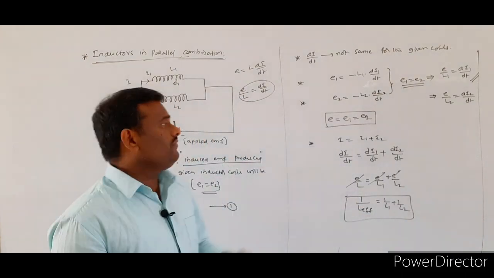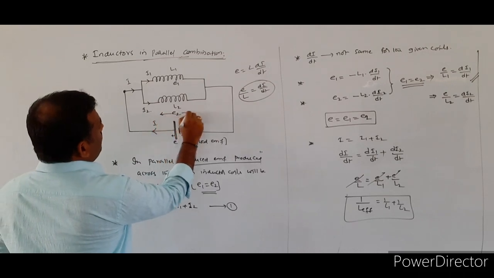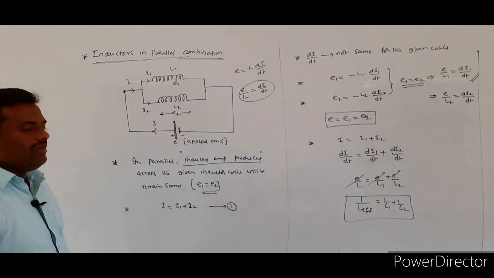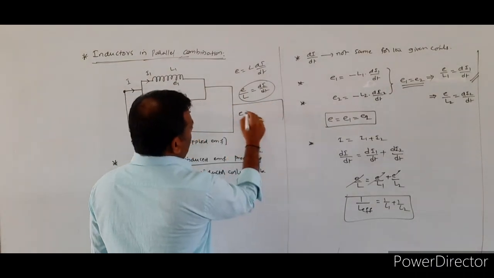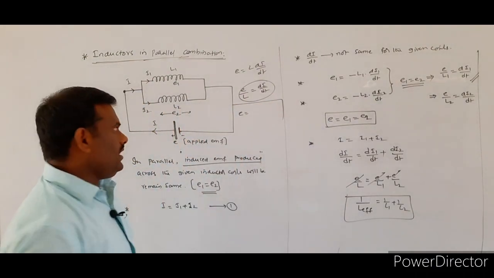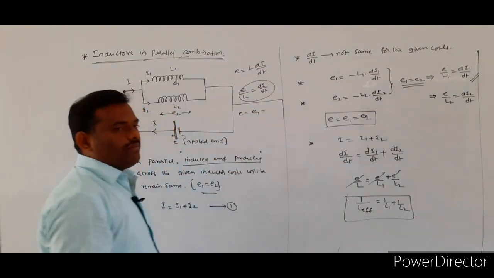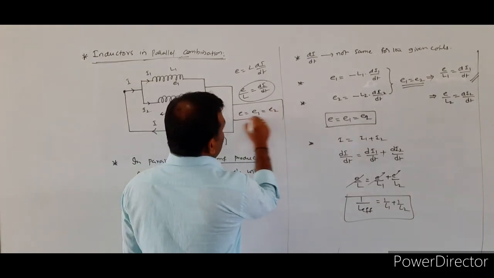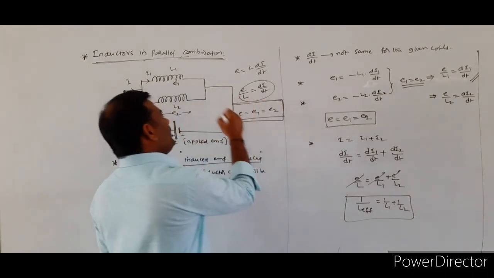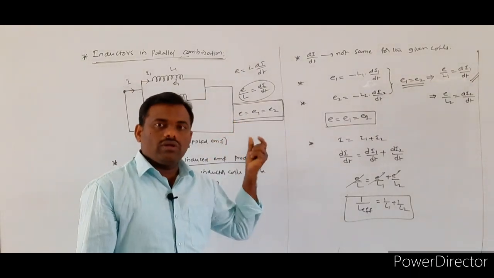Here, the point we have to remember is that since these will be in the parallel combination, applied EMF is equal to induced EMF across the first coil as well as induced EMF in the secondary coil. So this point only we have to remember.